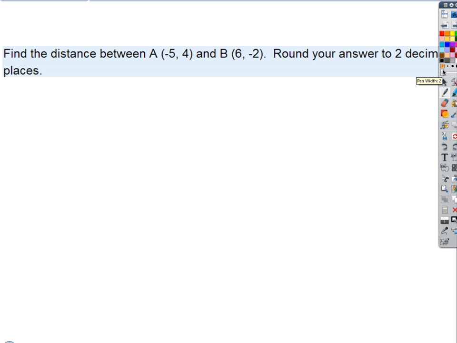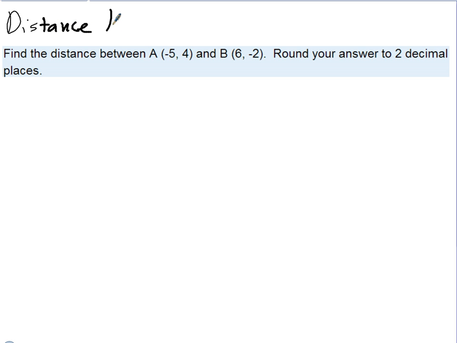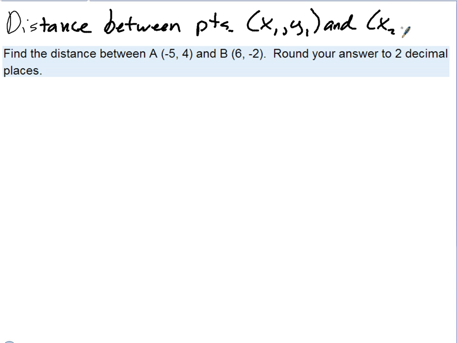What is the distance between points, we'll call it x1, y1, and x2, y2. Now keep in mind here that the ones and the twos up there are not superscripts.